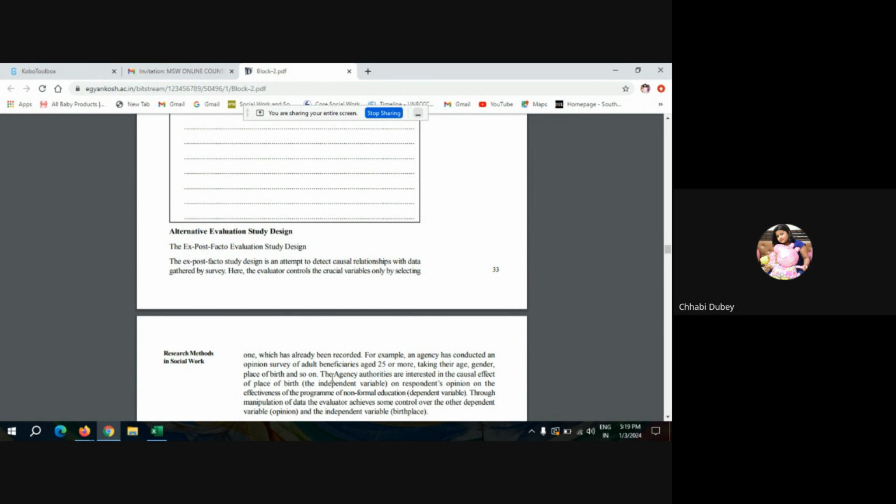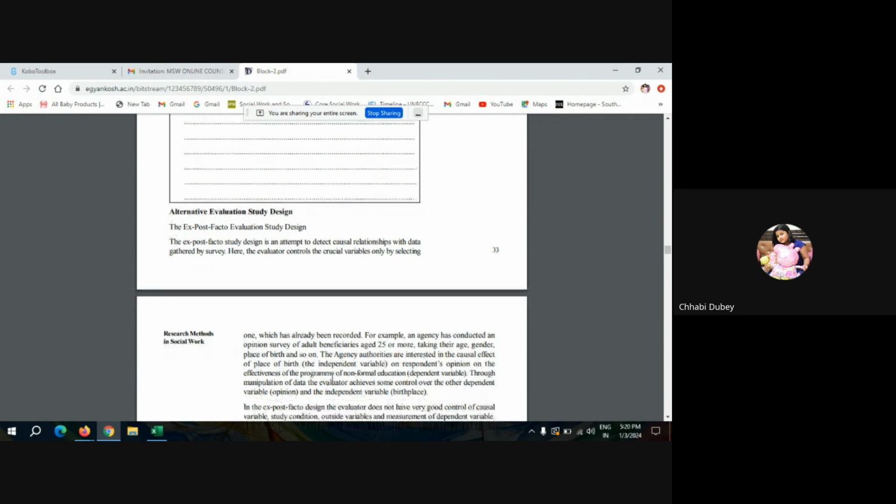So if you belong to an urban area or a rural area, what has been the impact of a particular program, say the Jan Bhagidari program or any other program run by the government, depending upon the place where you are currently living.